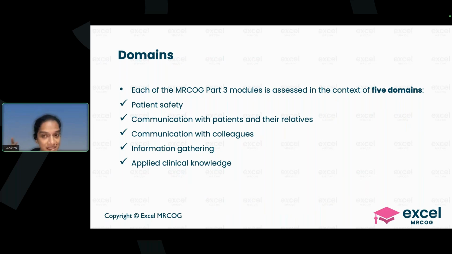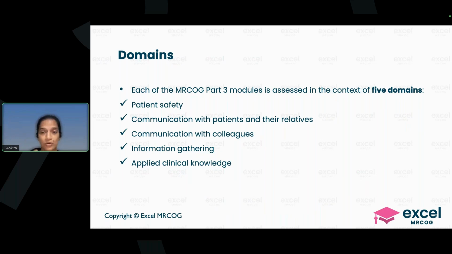Saying fetal medicine specialist gives you the points necessary in communication with colleague. So just a few things: naming the colleagues that would be involved in the management. If it is an MDT, you can just say the team of doctors or the MDT. Saying those things will fetch you the necessary points needed in communication with colleagues.